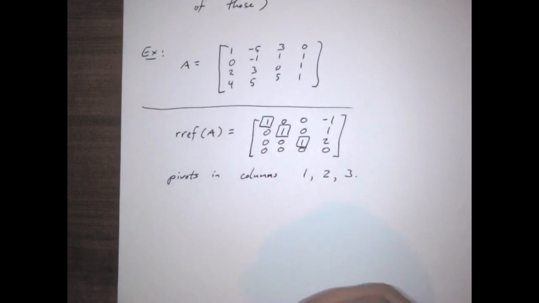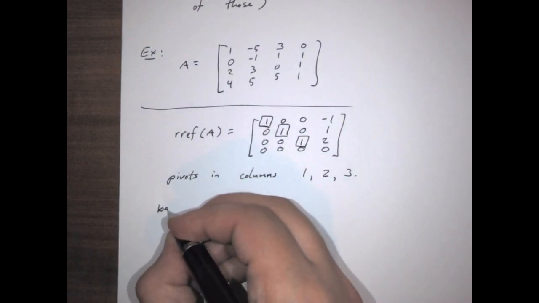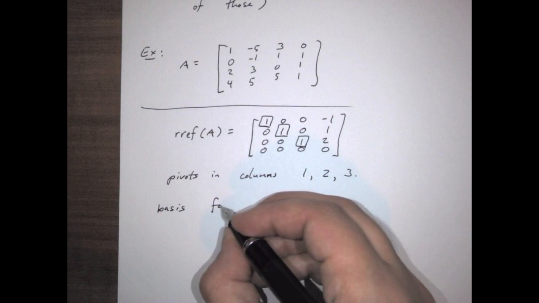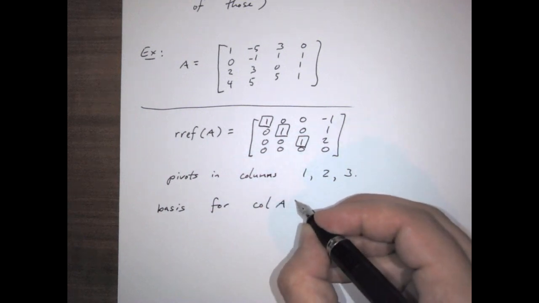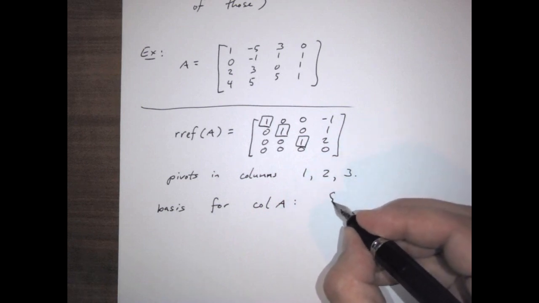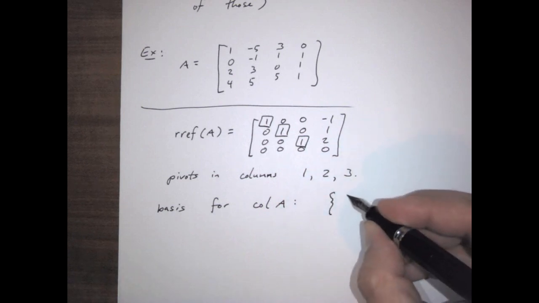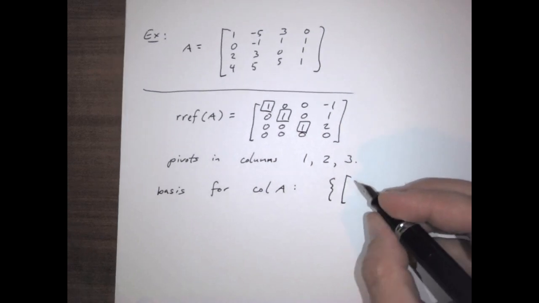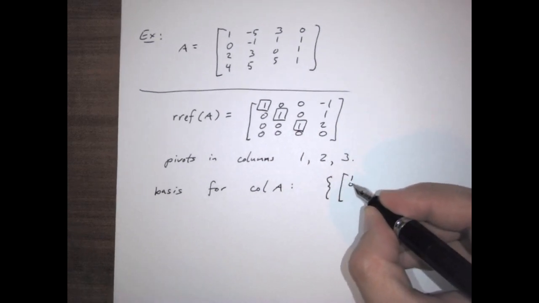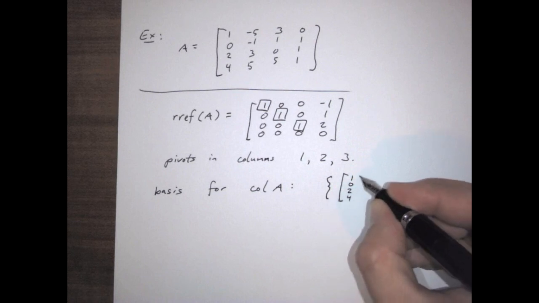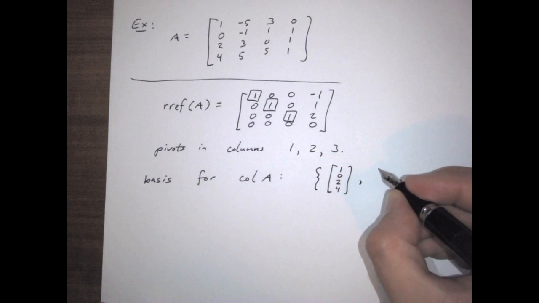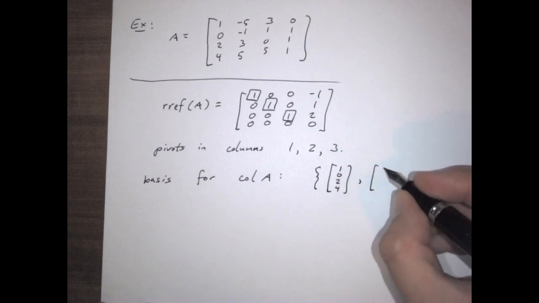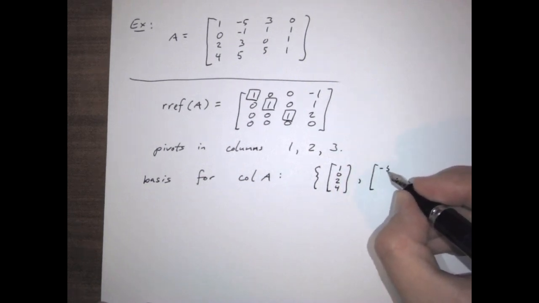So then, what that means is a basis for the column space of A could be the set that contains column 1, column 2, and column 3 of the original matrix A. And it's important here, we are talking about the columns of the original matrix, not the row-reduced matrix.